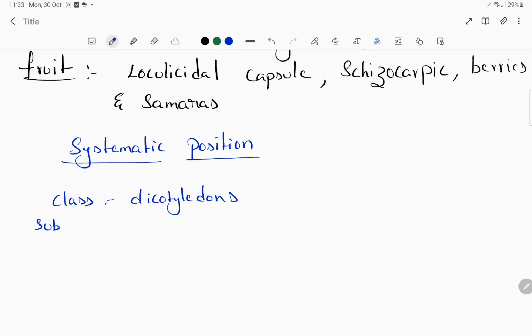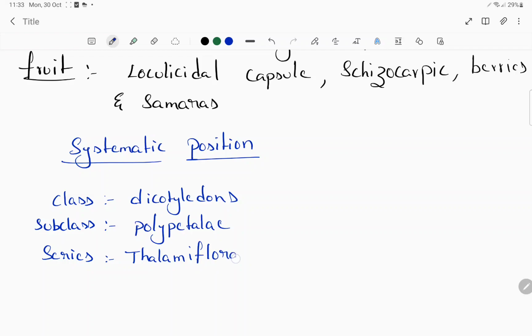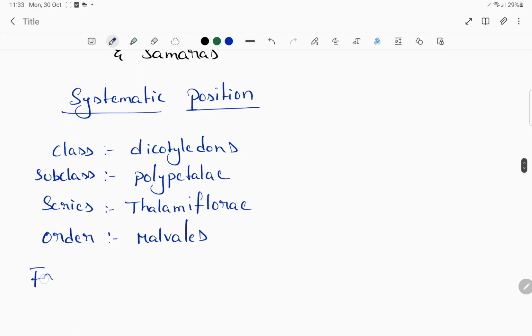Subclass polypetalae. Series Thalamiflorae. Order Malvales. And coming to the family, Malvaceae.